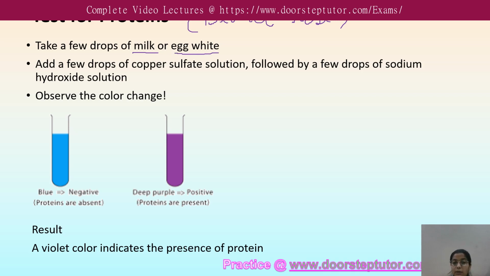Or you can take egg white, or any other food material you want to test. If that is a solid food material, you will add a small amount of water and mash it into pieces, and then create a solution out of it, right? Milk and egg white are already liquids, so you can take them in the same form.